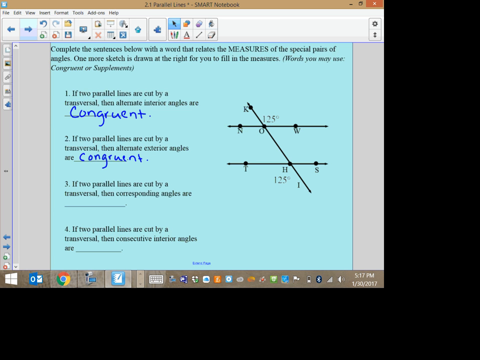If two parallel lines are cut by a transversal, then corresponding angles are congruent. So again, corresponding, they're in the same spot. So those two are congruent. Those two are congruent. These two are congruent. And lastly, these two are congruent.